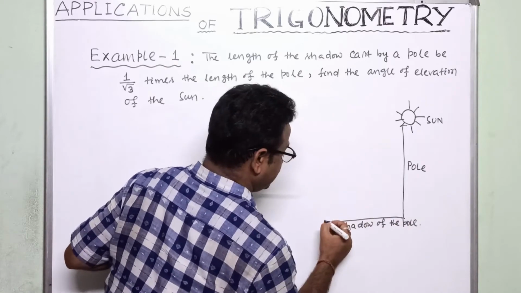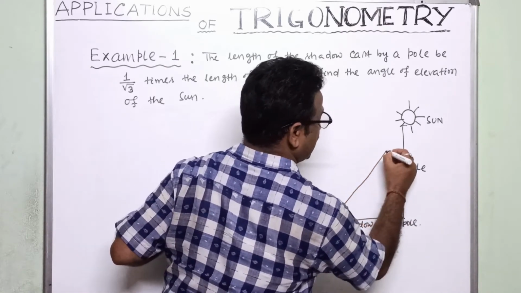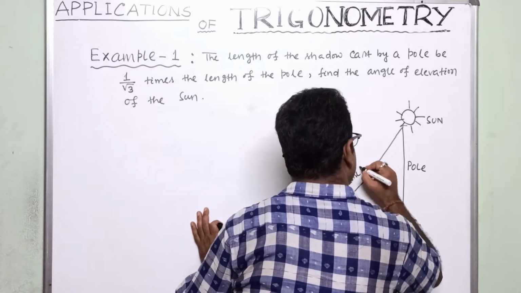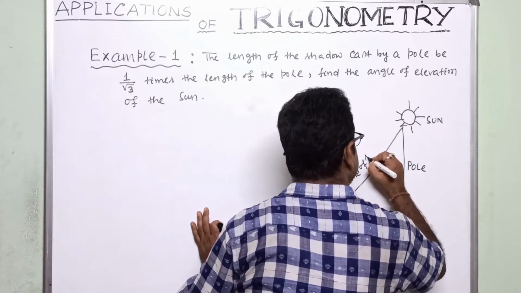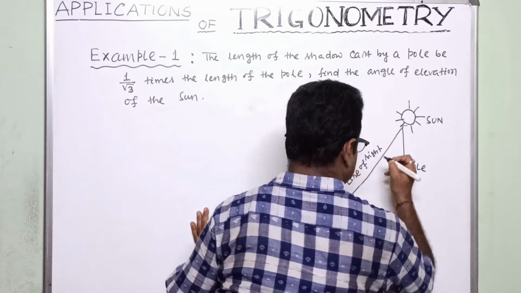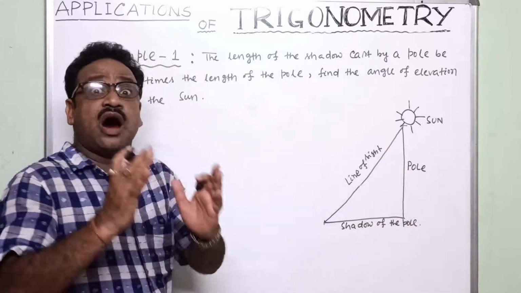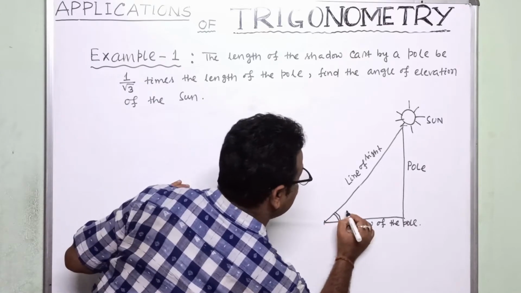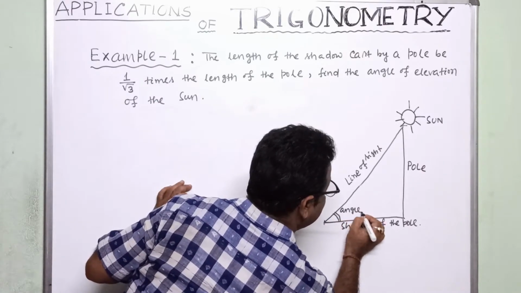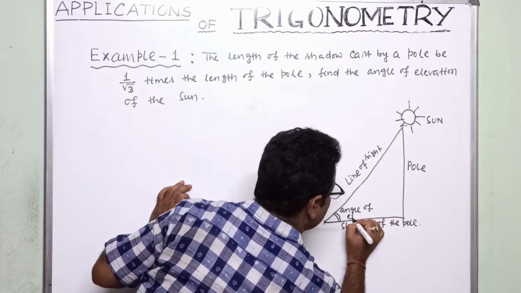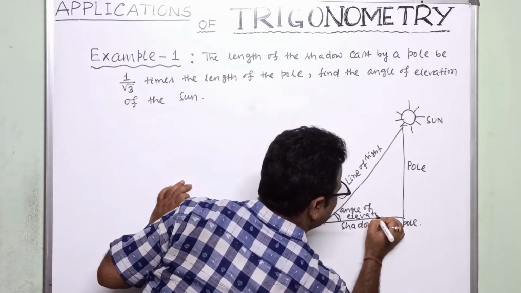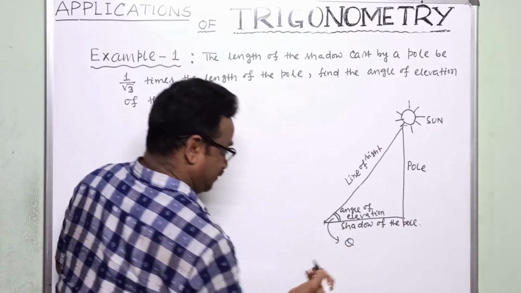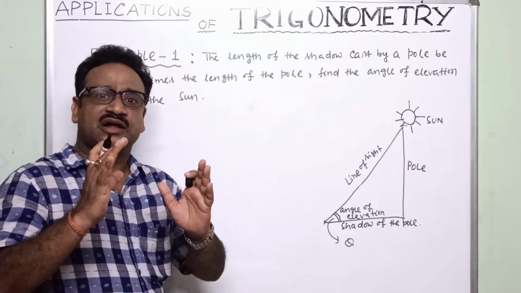Now the line which joins is the line of sight. The shadow of the pole is your horizontal level. This is your angle of elevation. Let this angle be theta.